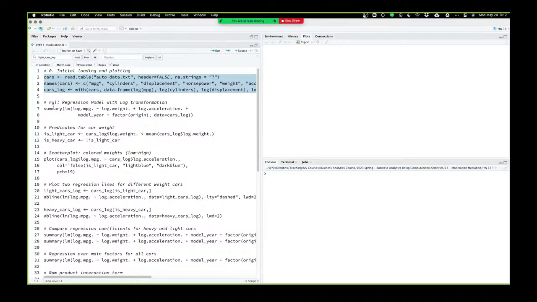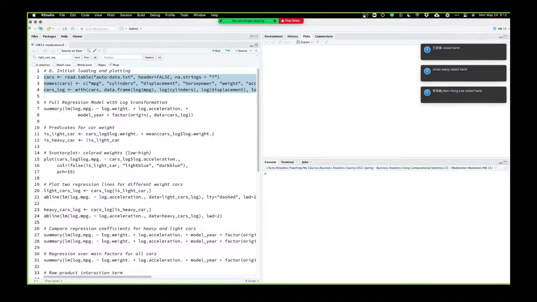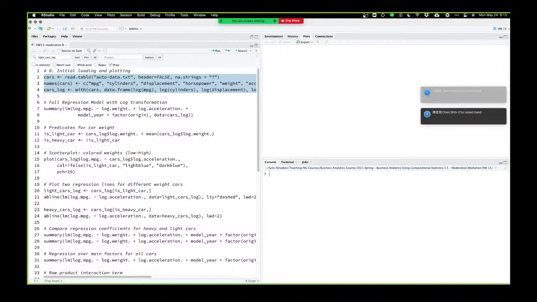All right, we got one person, we got a couple. Oh, we got a few people. So we've got several people who chose to split the cars based on their original weight. Okay, thank you.